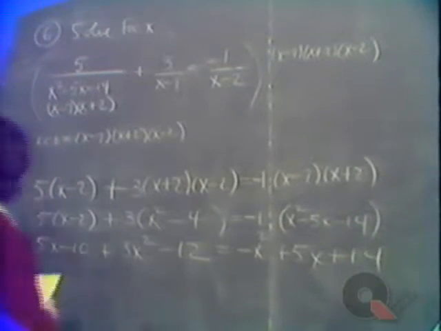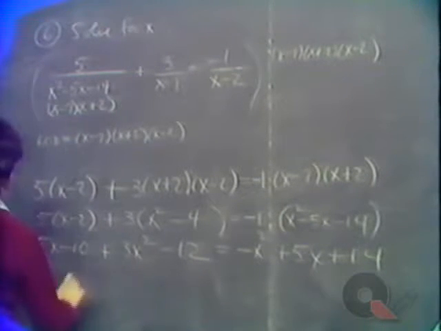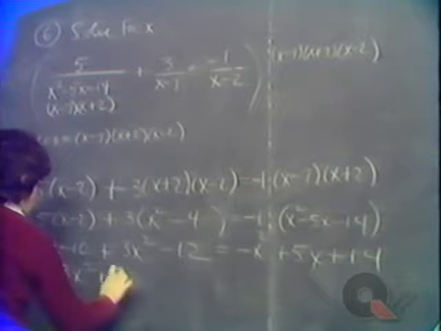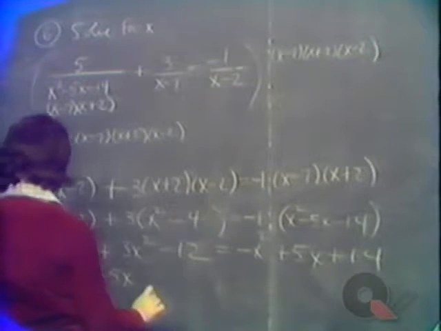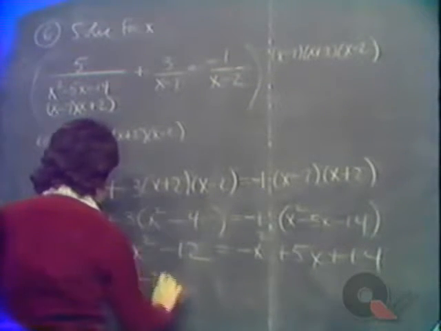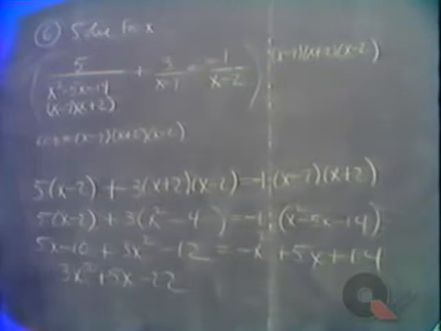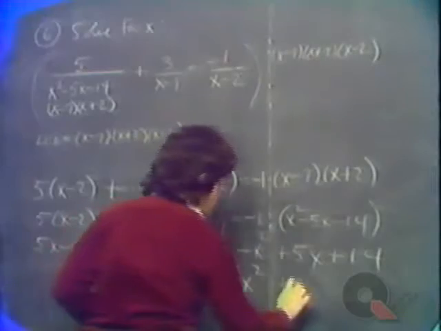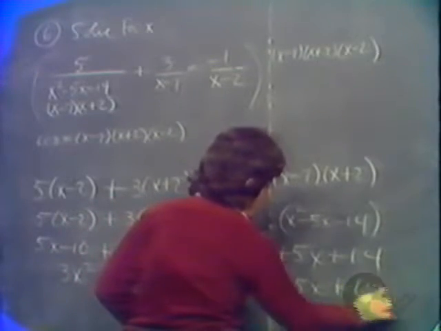Okay, on the left we have 3x squared plus 5x minus 22, combining these constants. And on the right, minus x squared plus 5x plus 14.